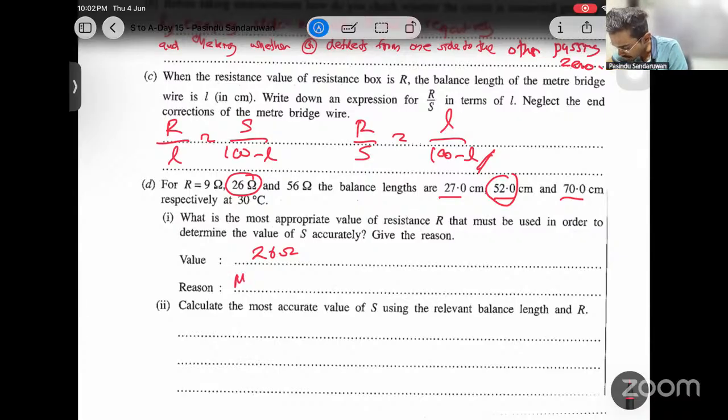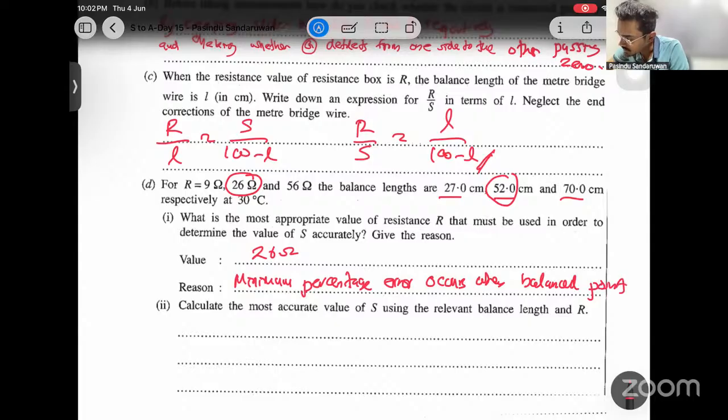Minimum percentage error occurs when the balance point is close to the middle point.